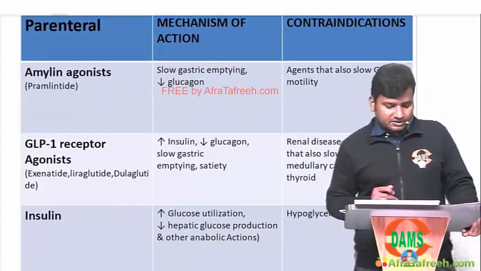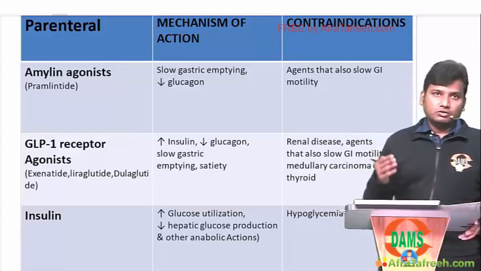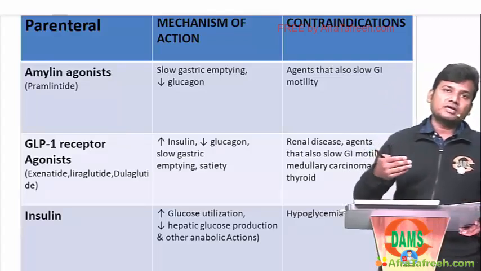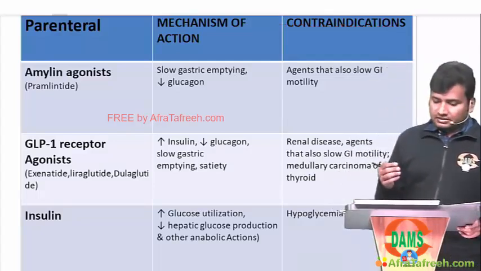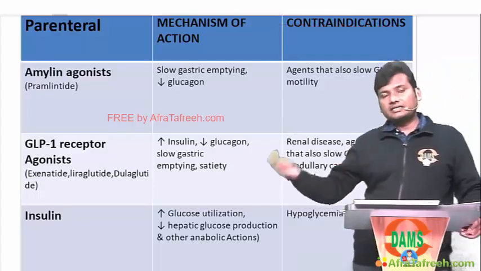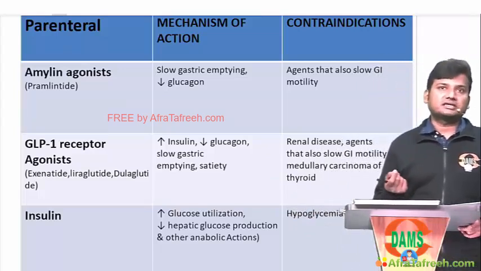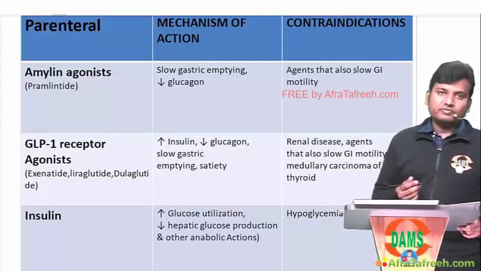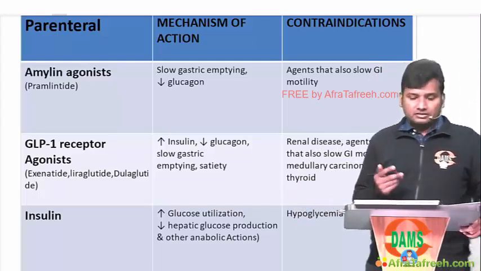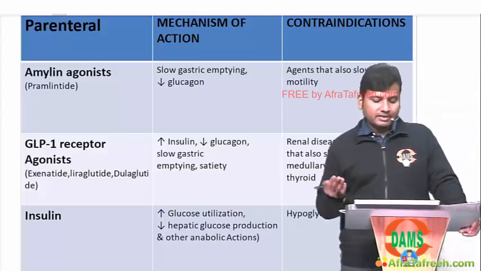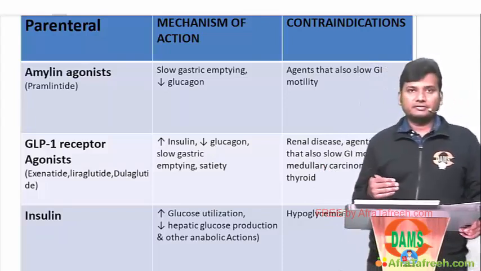Amylin agonists, pramlintide: these drugs cause slowing of gastric emptying and decrease the glucagon. These drugs should not be given with any other drug which can decrease the motility of the gastrointestinal tract. GLP-1 receptor agonists, exenatide, liraglutide: these drugs increase insulin and decrease glucagon and also cause slow gastric emptying.